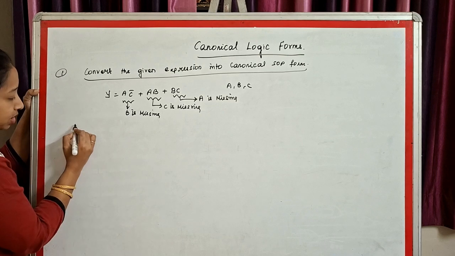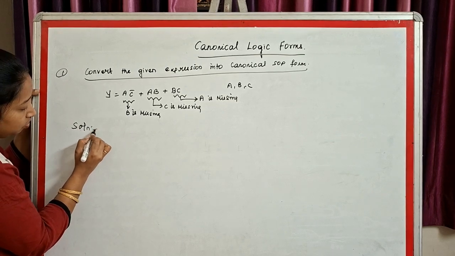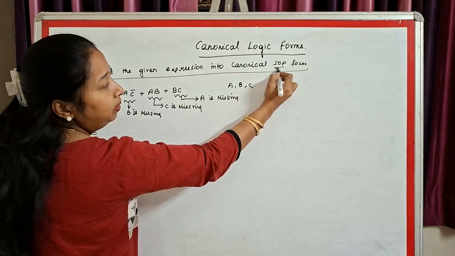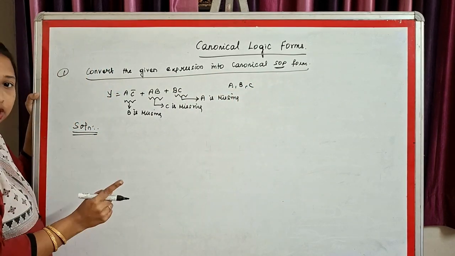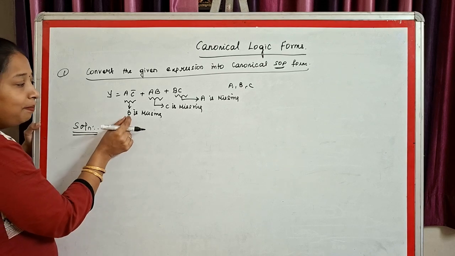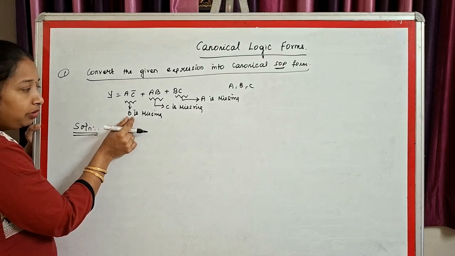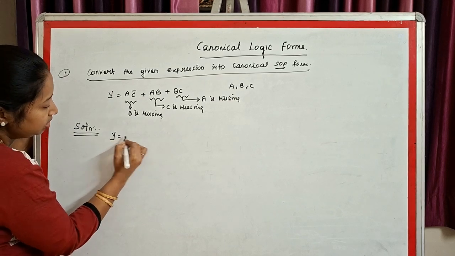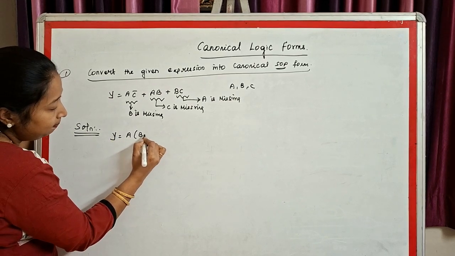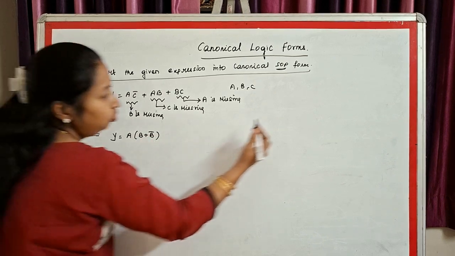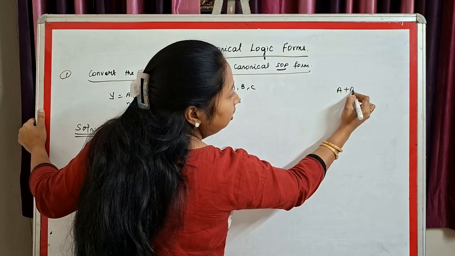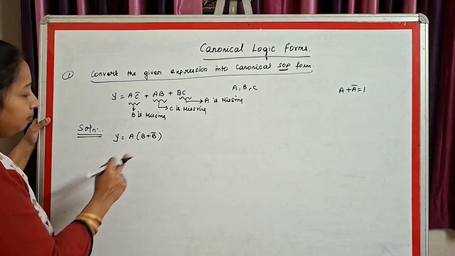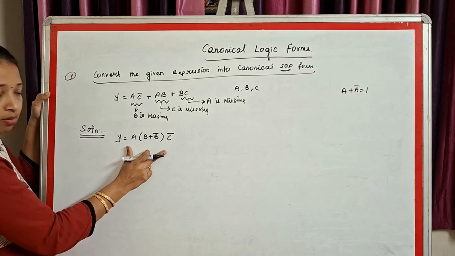Now, your first step has to be, if they are asking you to convert the given expression into canonical SOP form, the missing variables, whatever is missing, you have to represent like, say, Y is equal to A(B plus B bar). You know, A plus A bar is equal to 1 as per the Boolean postulates that we have seen. Fine? And C bar.